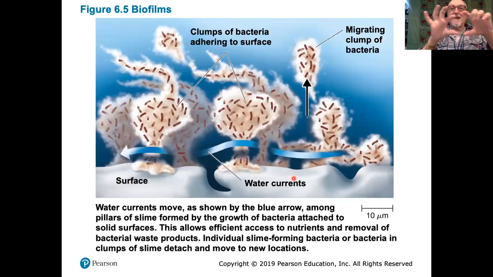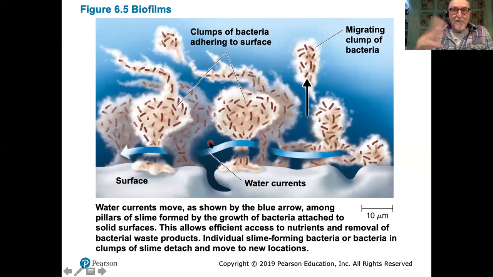The biofilm has a particular physical structure. It's not just a thick layer of slime with bacteria embedded in it. Instead, it usually is formed into kind of pillars, clumps of bacteria which grow vertically more than they grow horizontally. And this allows percolation of the aqueous medium, whatever it is.